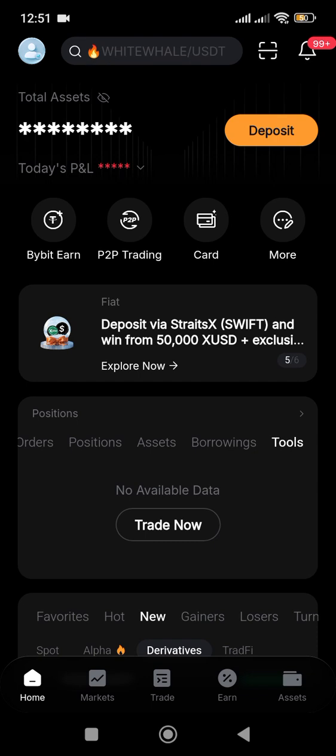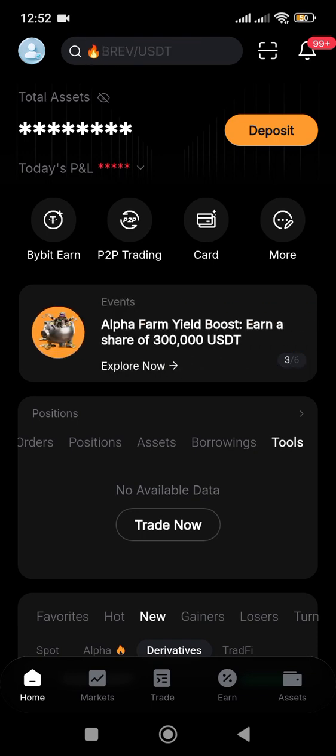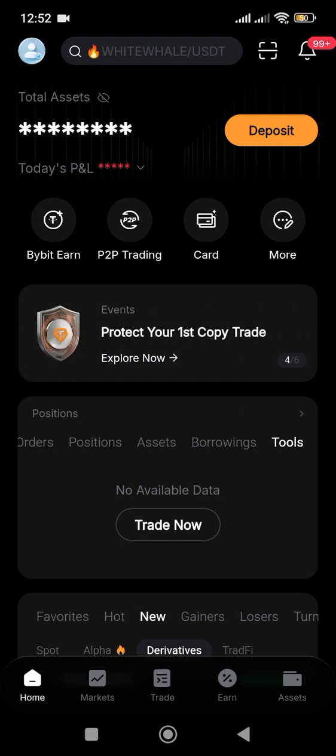On Bybit exchange we have users from different regions across the globe. As I'm registered and signed up on Bybit with a Nigerian ID card, if I go to the P2P exchange, I will be able to buy or sell crypto in my local currency, which is naira.